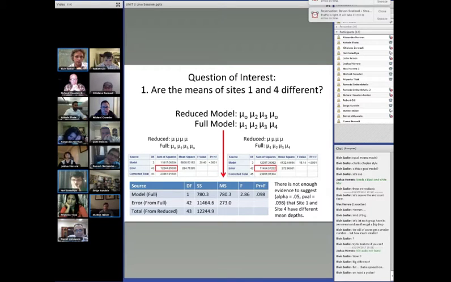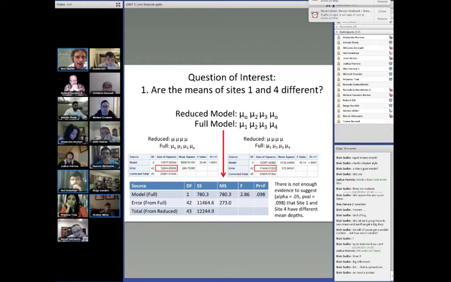So how am I going to do this? I need to find out how much each model is explaining, because it's very subjective, more or less. We already said that the full model will have smaller residuals. So it's just how significant it is. So this is what we do. We run SAS on the full model, and we run SAS on the reduced model, and then we get the sum of squares, and from that we build our own.